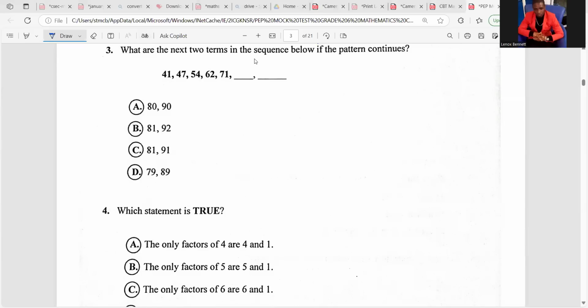All right, you say what are the next 2 terms in the sequence in the pattern below?